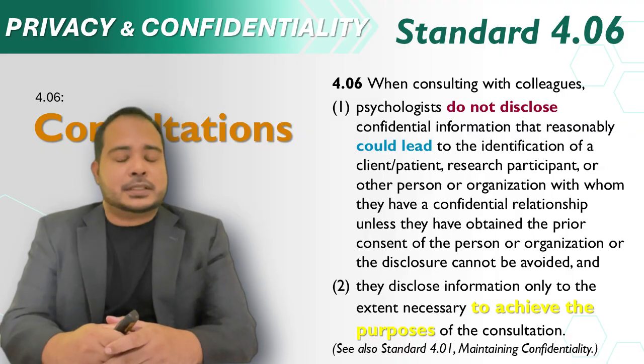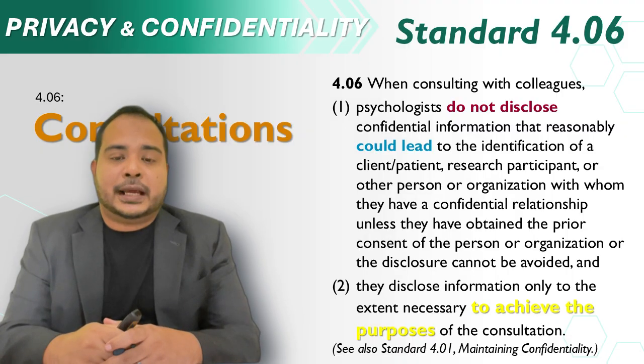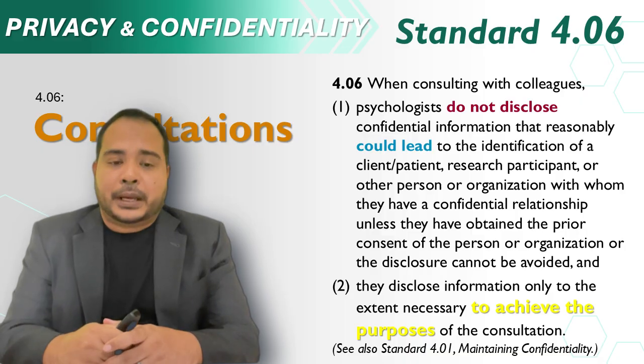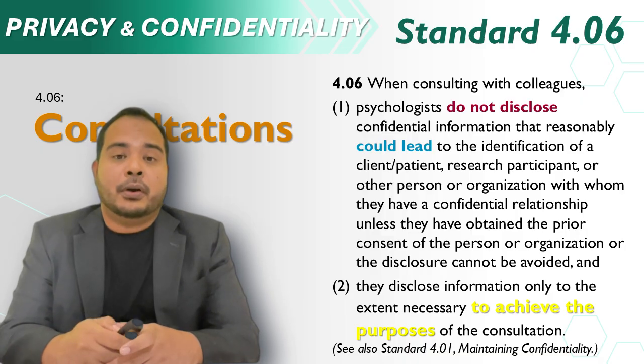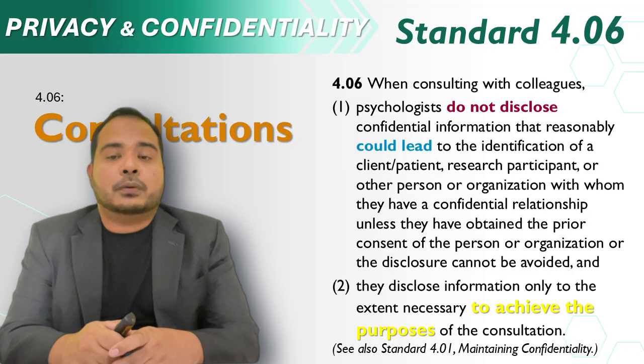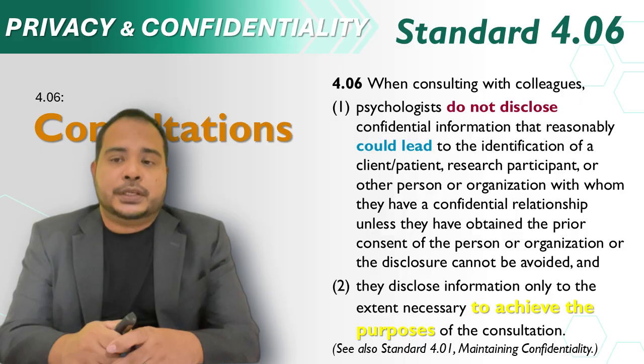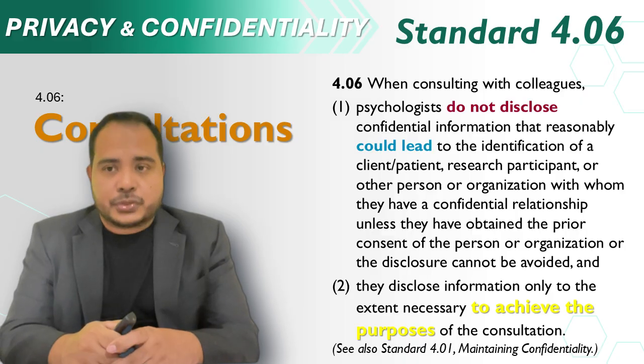So psychologists must not disclose information during consultation that could reasonably identify a client, patient, research participant, or organization. This restriction applies to all forms of communication, whether oral communication, written reports, or electronic communication.